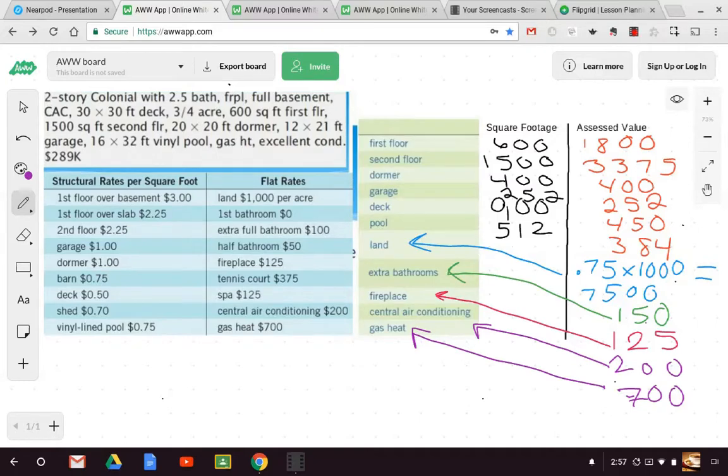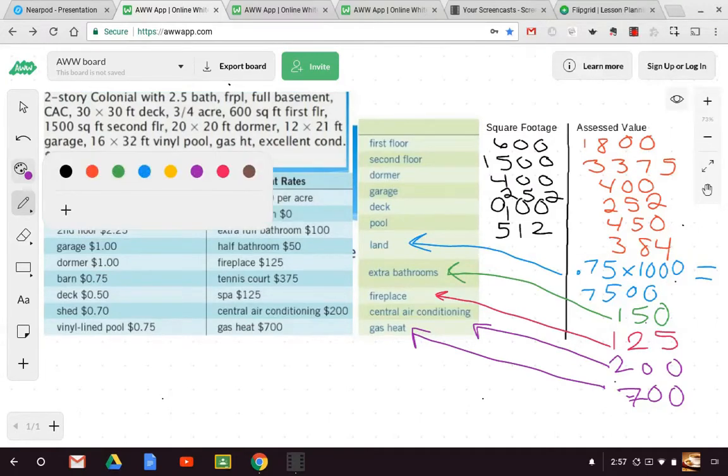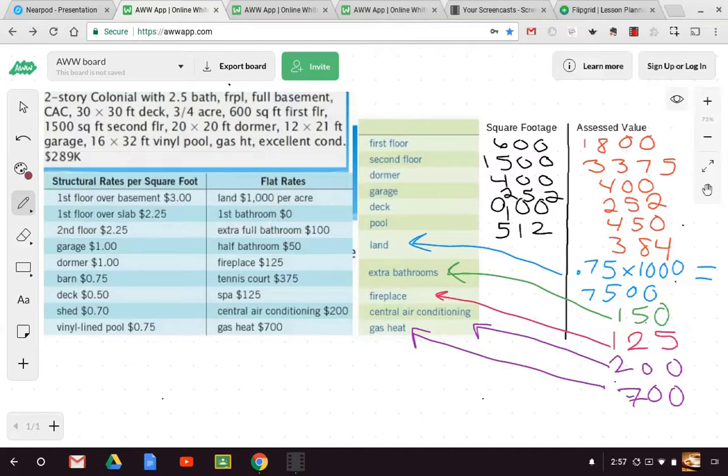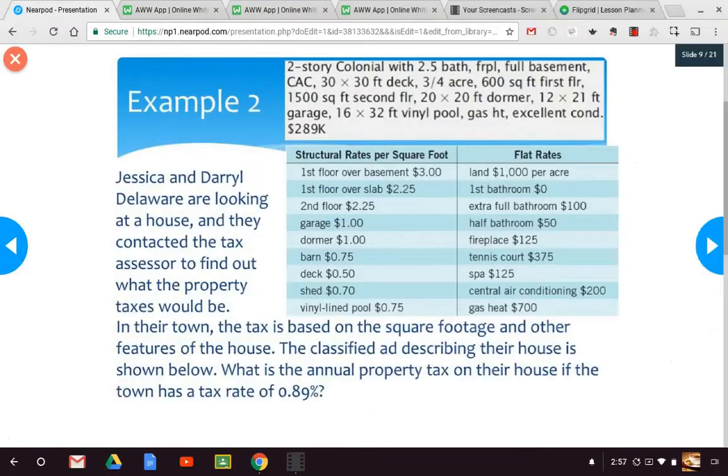And since they're all assessed values, we're going to add those all together. So my next step is to get the total of all of this. Adding those all up in one big addition problem gives me $8,586 for our assessed value. But there's one little step left. It says that we actually don't pay the full assessed value.